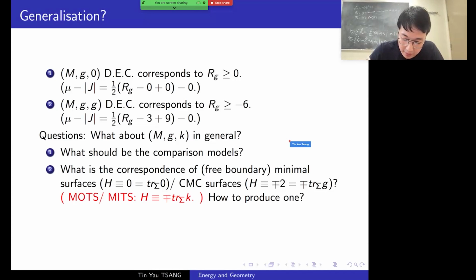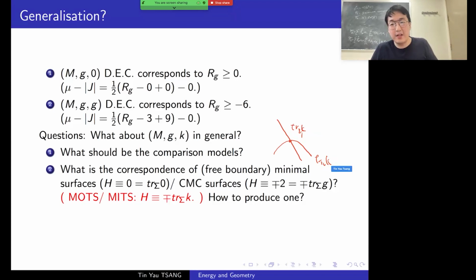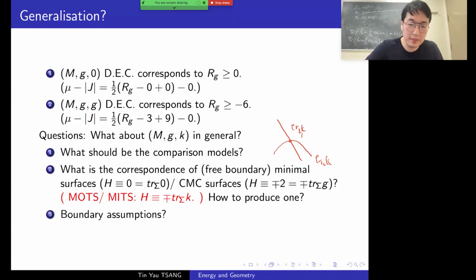For example, I fix a point, I can have this one, I can have this one, even though they happen at the same point. Then trace sigma 1 K and trace sigma 2 K here are different. It's anisotropic. It cannot be coming from a variational problem. So this issue is an obstacle that we have to overcome if we want to prove something.